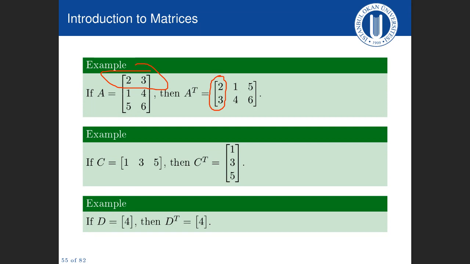If capital C is the 1 by 3 matrix, or the row vector 1, 3, 5, then C transpose is the 3 by 1 matrix, or the column vector 1, 3, 5. And if we just have a 1 by 1 matrix, we take the transpose, nothing happens.